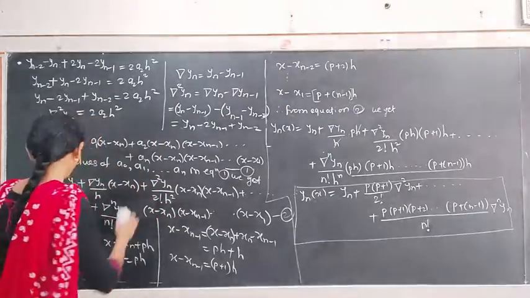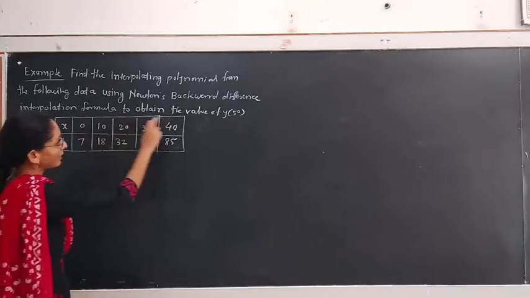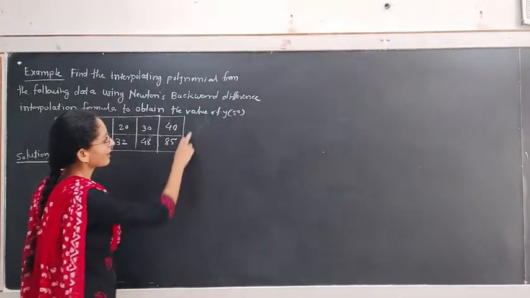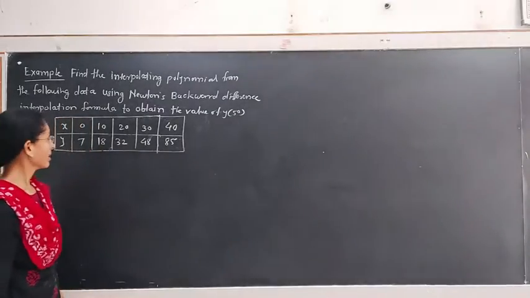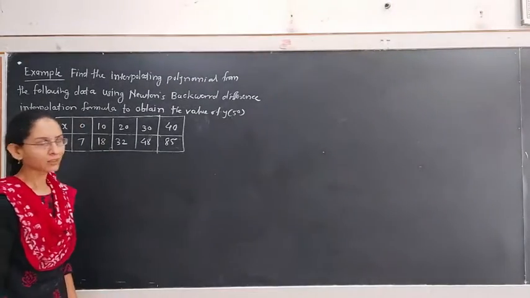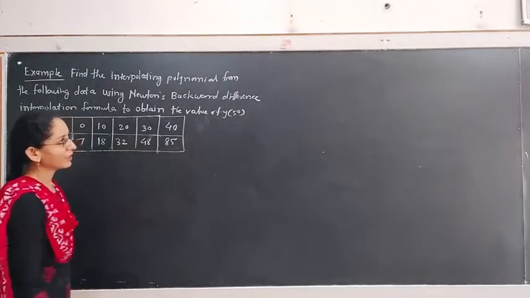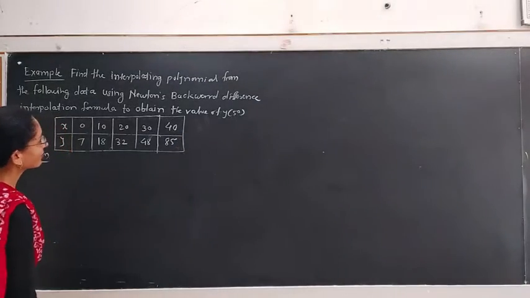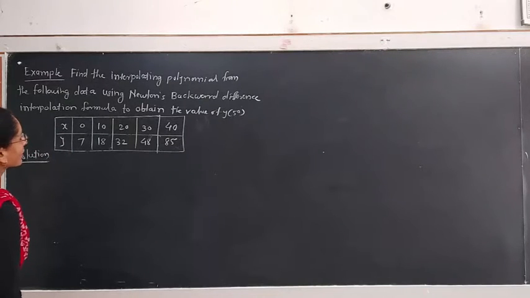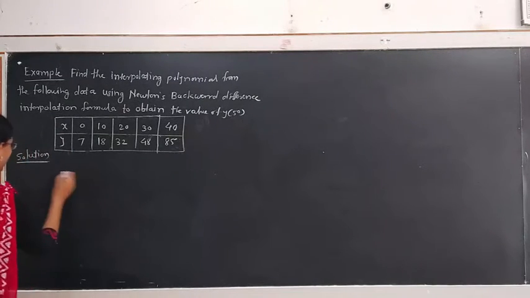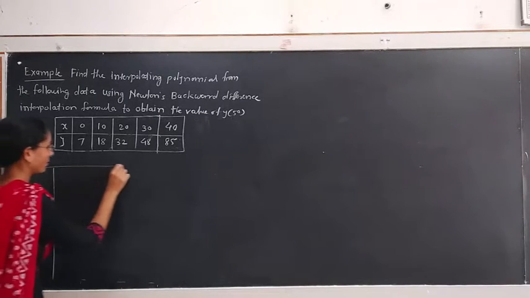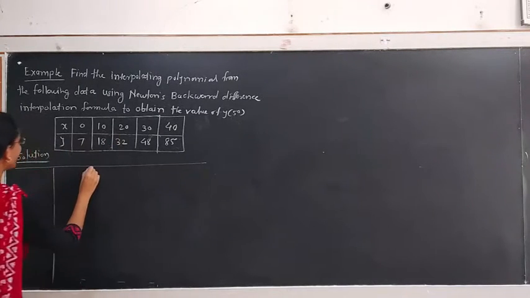Consider one example. We have to find the value of y of 50, and 50 is the value of x which lies at the end of the table. So we use the backward difference interpolation formula. First we prepare the backward difference table.